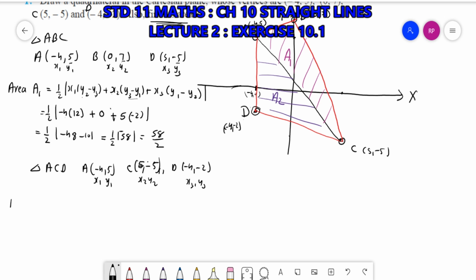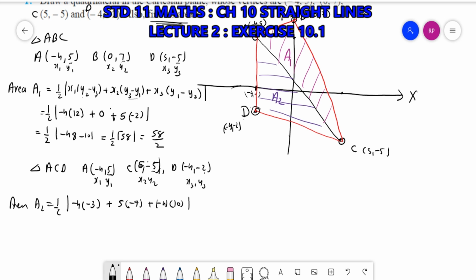So area A2 is half of x1, that is minus 4, times (y2 minus y3), that is minus 5 minus minus 2, so minus 3, plus x2, that is 5, times (y3 minus y1), that is minus 2 minus 5, so minus 7, plus x3, that is minus 4, times (y1 minus y2), that is 5 minus minus 5, that is 10.